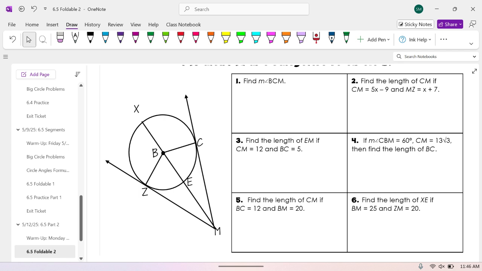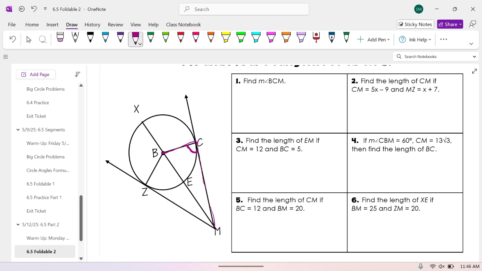All right. So, first off, they want us to find the measure of angle BCM. So, I start at B, I go to C, and then I go to M. So, the angle it's talking about is right here. What's that angle measure? 90 degrees.